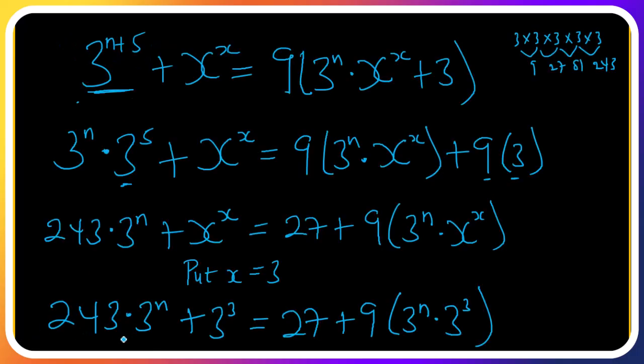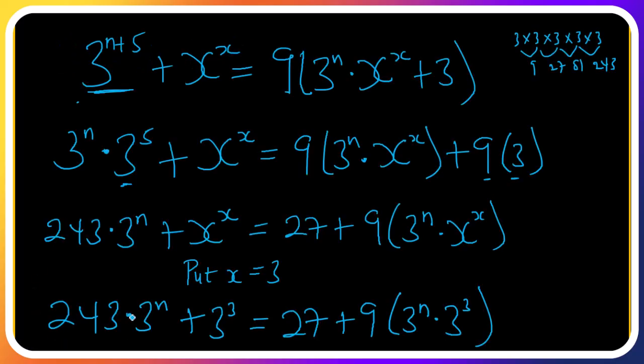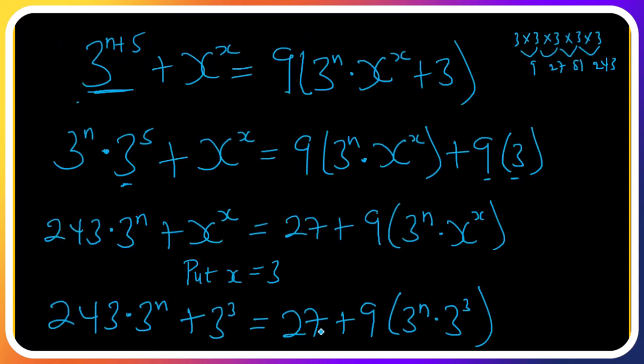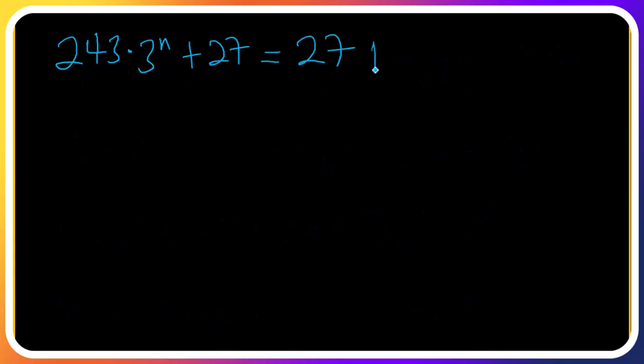So we have 243 multiplying 3 raised to the power n, which is what we have over here, plus 27, which is 3 raised to the power 3, equals 27, which is this, plus 9 multiplying 3 raised to the power n by 3 raised to the power 3.